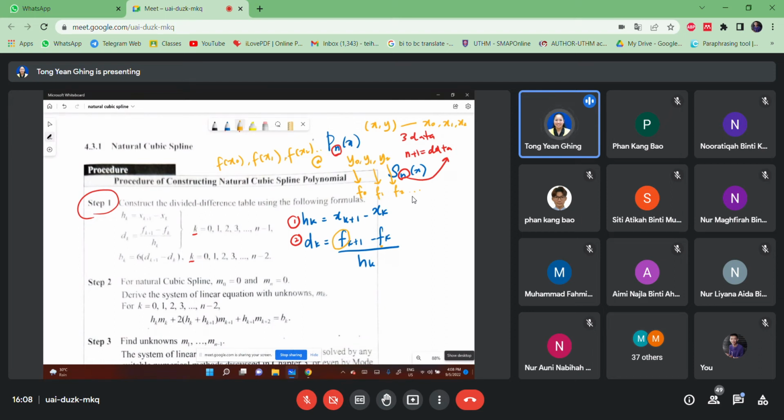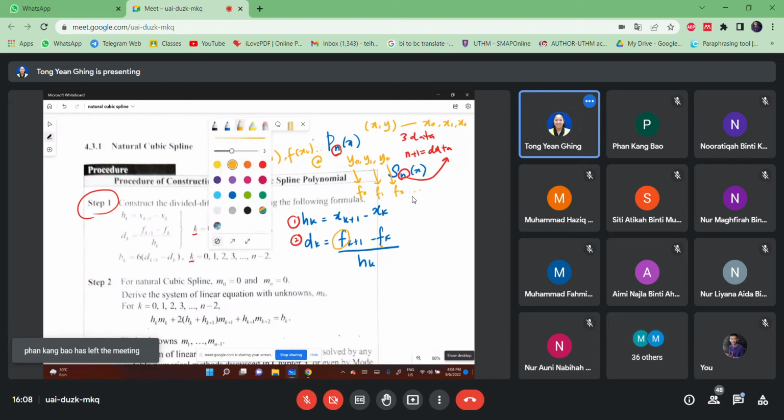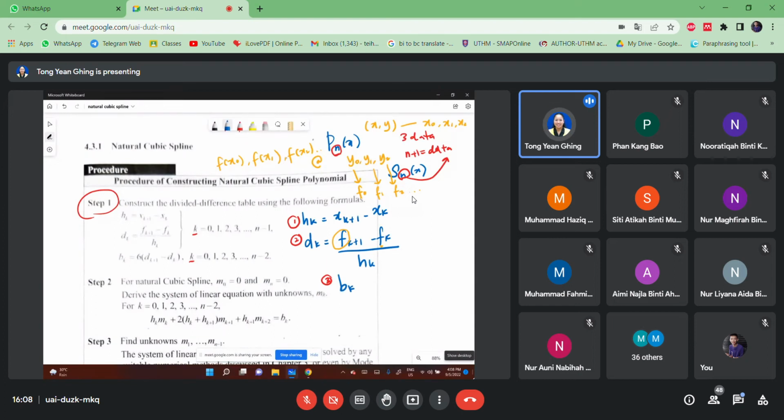Okay, and the third one we have to calculate is bk. So bk is 6 times (d_{k+1} minus d_k). For these two, we have to calculate starting from k equals 0 until n minus 1.